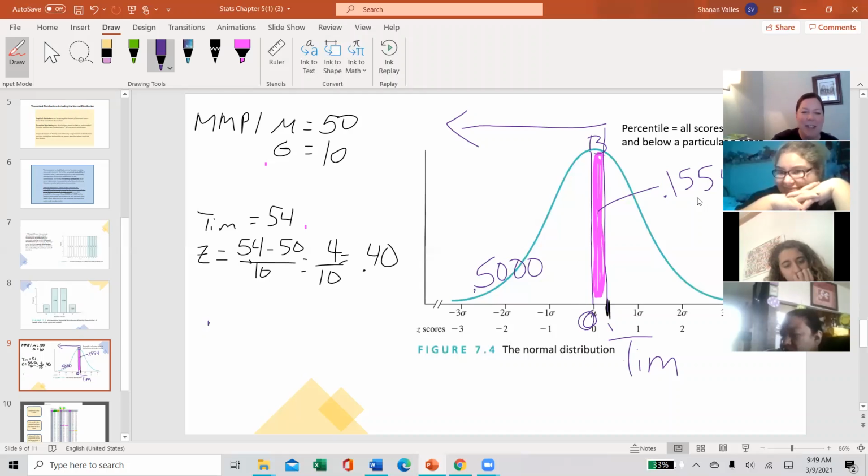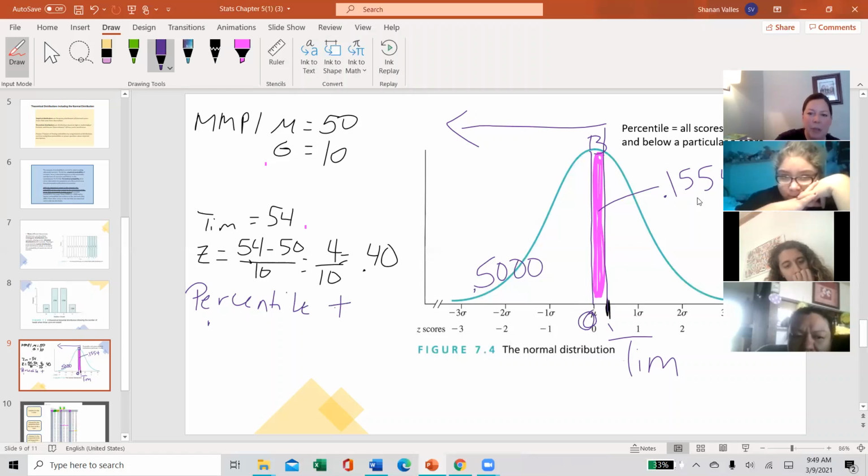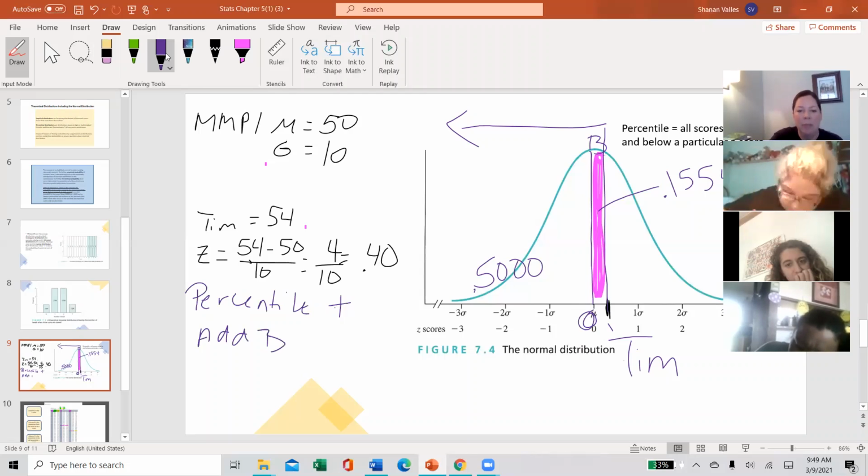Okay. So to find the percentile for a positive z-score, and this is going to be true every single time, you're always going to add the B column plus the 0.5000.